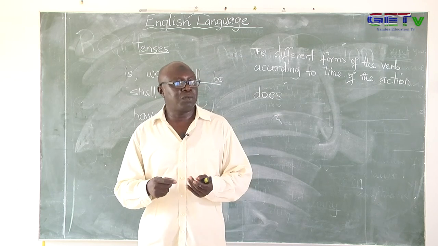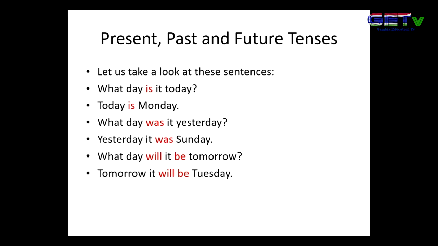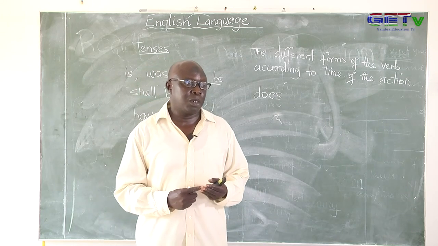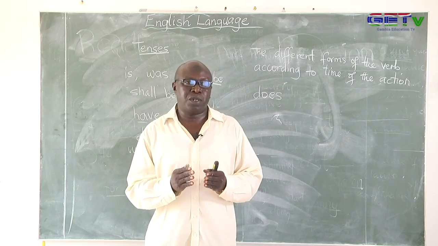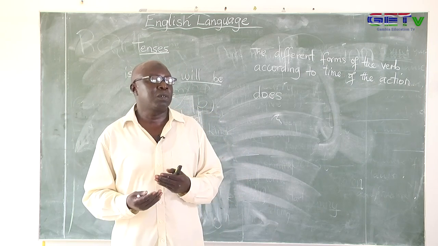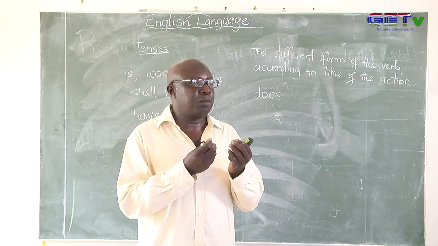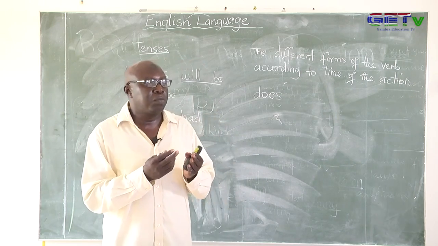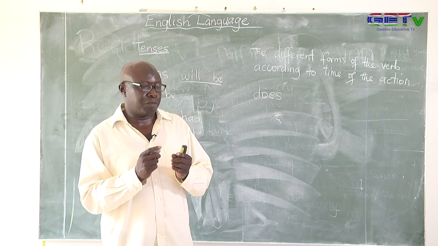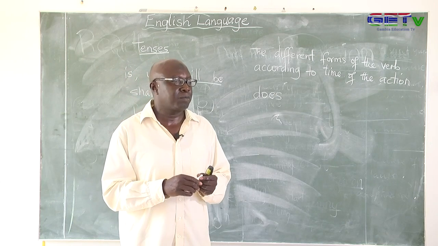We are beginning with present tense, past tense, and future tense, but there are many more tenses to come. So in our subsequent lessons, we'll be looking at them one at a time in order to avoid confusion. But verbs have different spellings, different forms, different ways of pronouncing them, depending on the time the action happens. And that's what we call tenses.